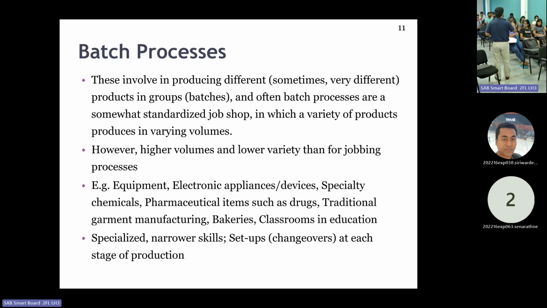Some garments industry, customized products, but they use batch processing. So both types of products can be done. That's it.